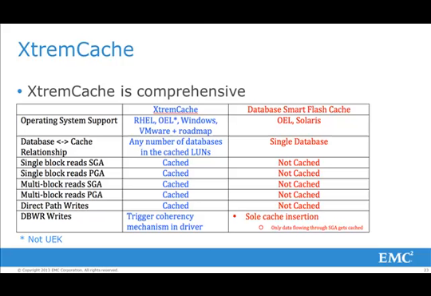So if, for instance, you wish to have 20 databases in a consolidation environment, you'll have to figure out how to provision 20 different partitions from flash devices to 20 different databases, because it's a relationship between database and flash card, as opposed to XtremCache, which is a relationship between LUNs and XtremCache.